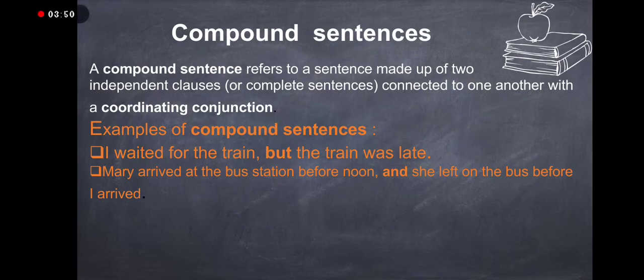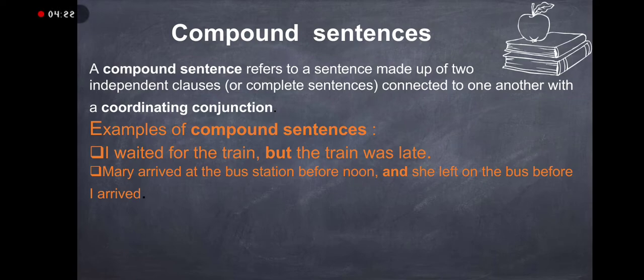Then comes the compound sentence. As compound shows, it's a combination. A compound sentence refers to a sentence made up of two independent clauses or complete sentences connected to one another with a coordinate conjunction. So, coordinate conjunctions are used. In compound sentences, we can identify with the help of a coordinate conjunction that the sentence is a compound sentence. Coordinate conjunctions you can easily learn through an acronym, FANBOYS.